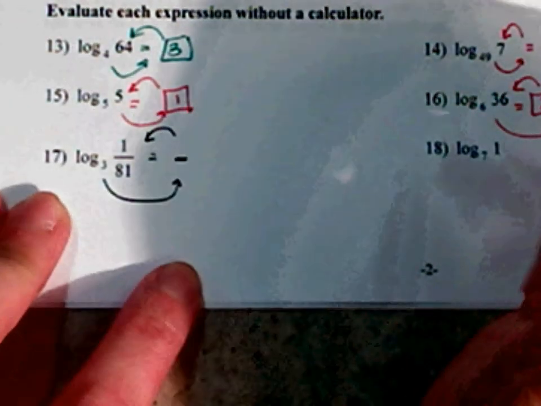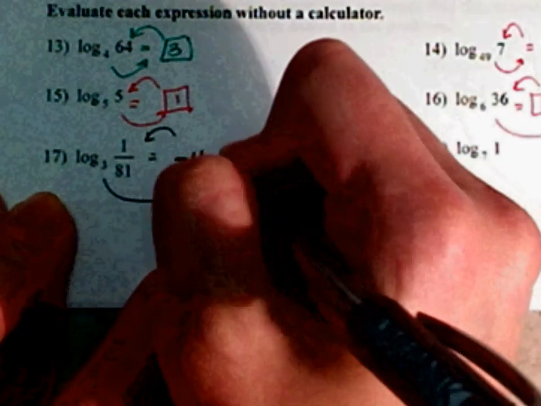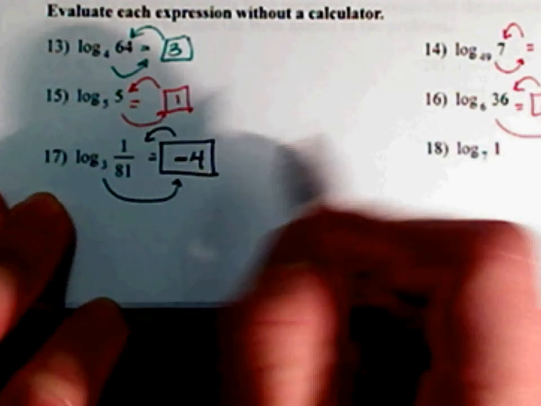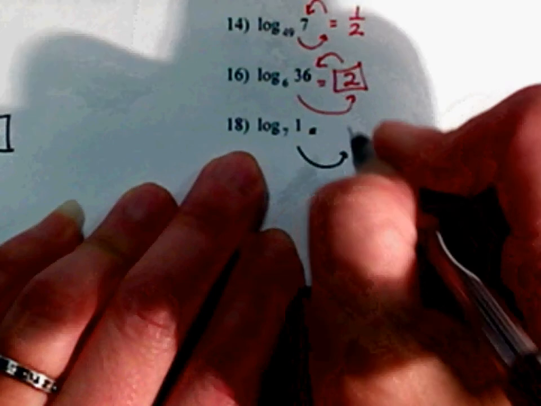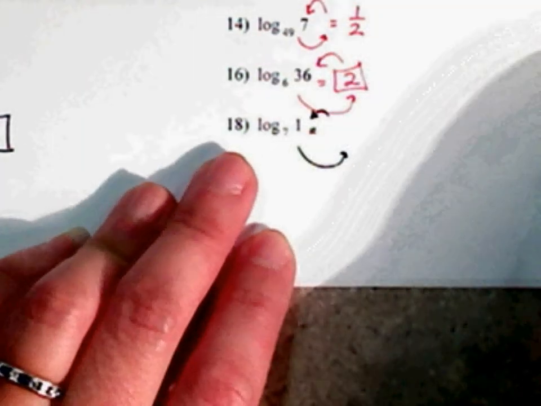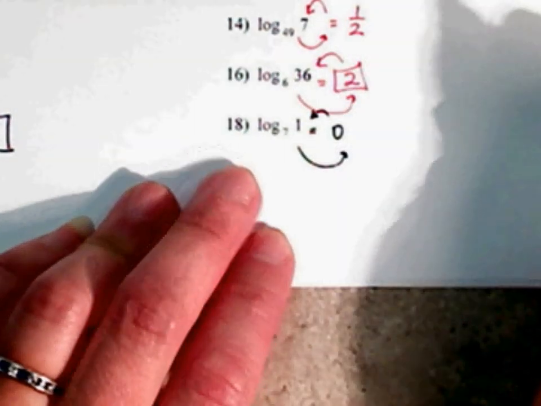Negative 4. Good job. So if it's a fraction, it's going to be a negative. 18. 7 to what power is equal to 1? 0. Because anything to the 0 is 1. Very good.